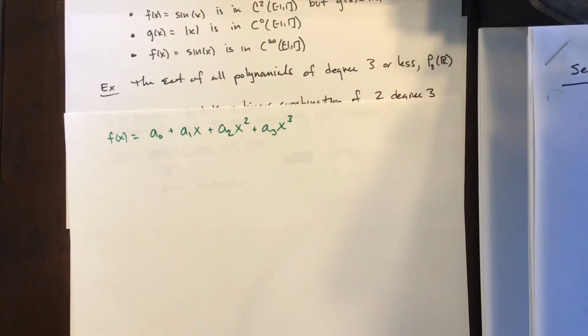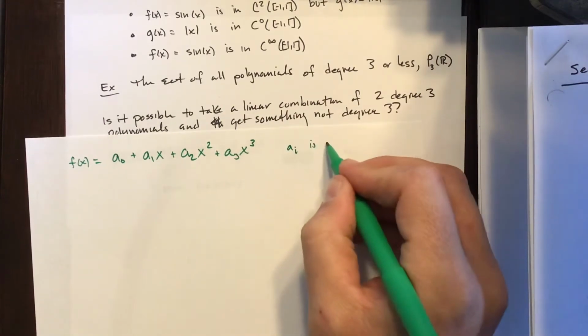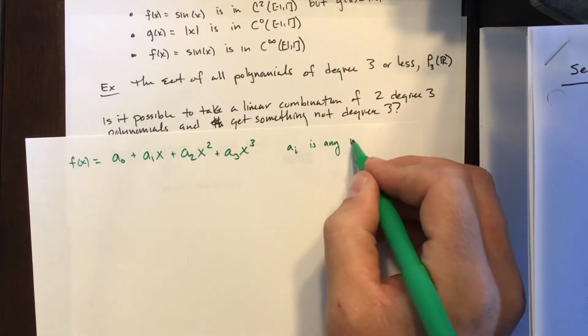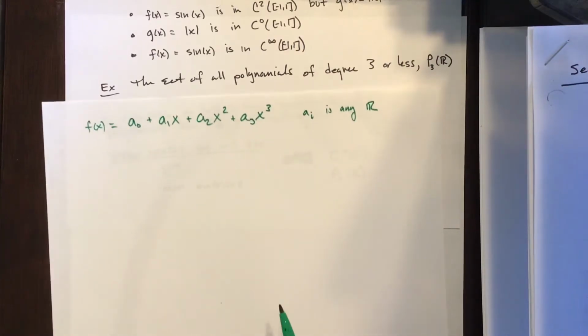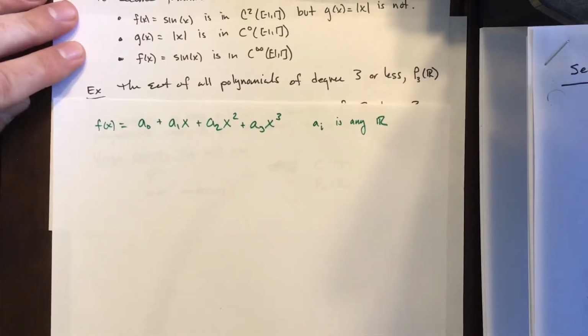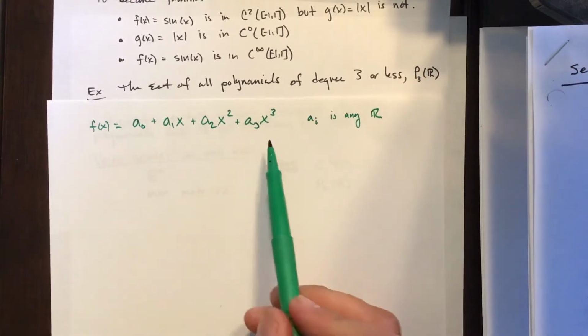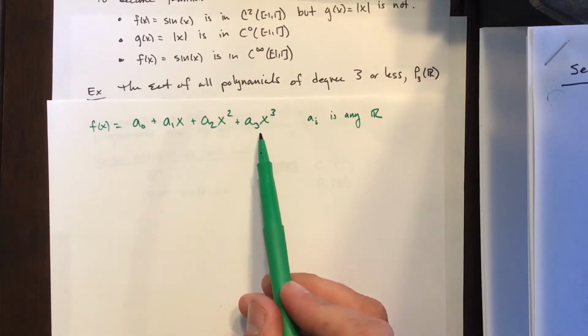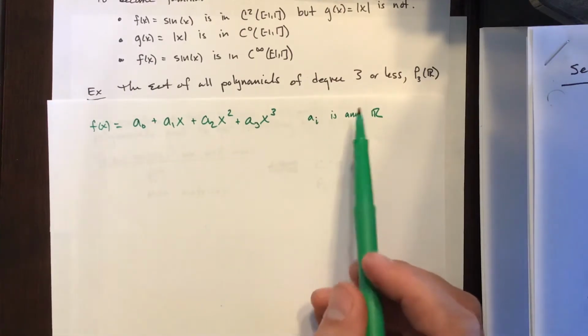Each of these scalars can be any real number, where a sub i is any real. Even a3 is, because look at the way the set is described: polynomials of degree 3 or less. So if a3 is 0, you're looking at a quadratic or maybe even a line, but that is of degree 3 or less.